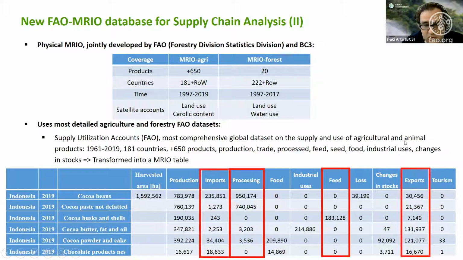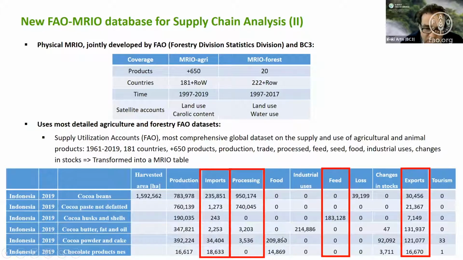And we also interlink the exports reported by the different countries in the supply utilization accounts with the imports of the other countries. And with this, basically what we can do is to track which are the global supply chains of the different products used to satisfy final demands.